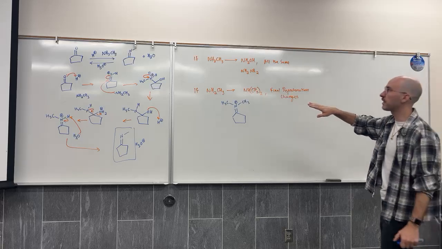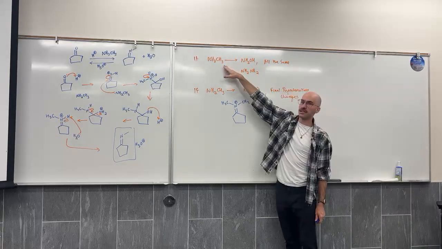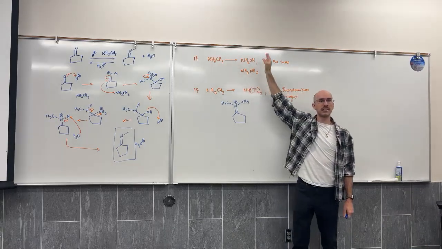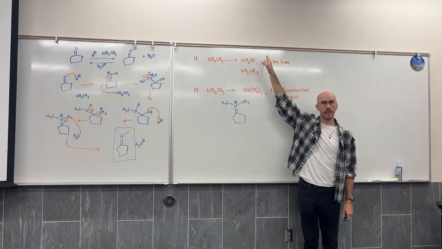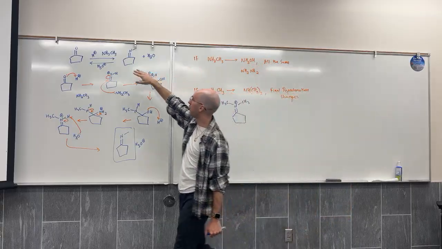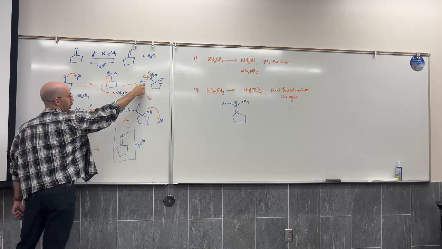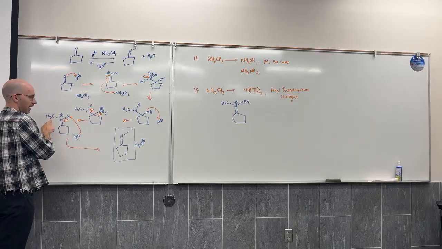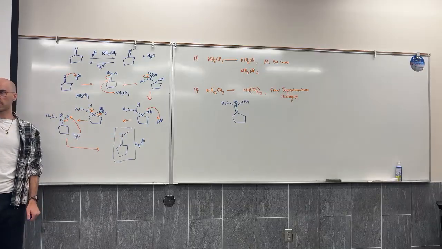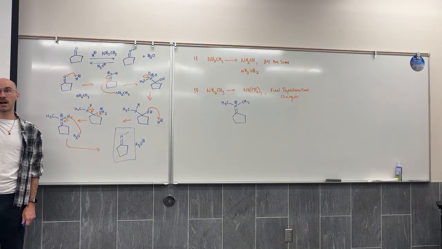Can you all appreciate that if I took the CH3 and I replaced it with OH, then I could really just draw OH at every step here and nothing changes. It just gives me a different derivative. It gives me an oxime.